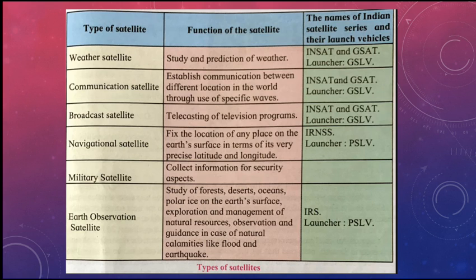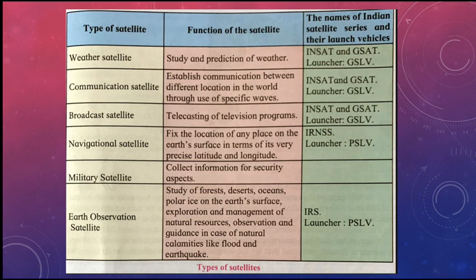I will explain the function of each satellite. First one is the weather satellite. This weather satellite is launched to study and predict the weather. The next one is the communication satellite.